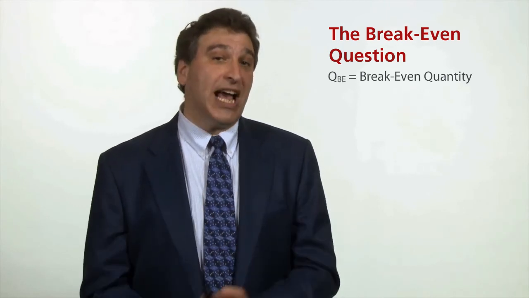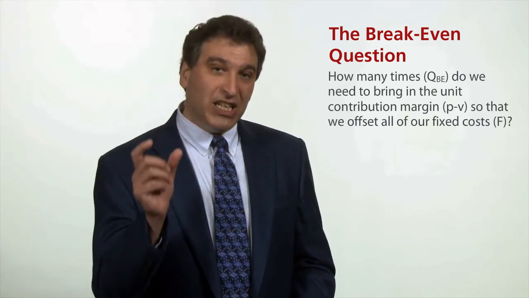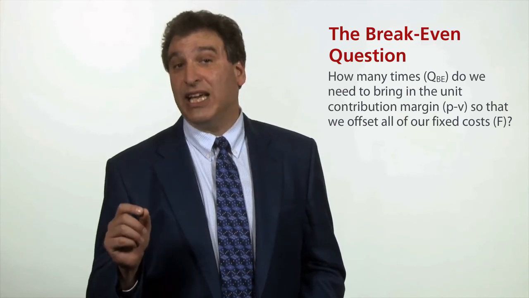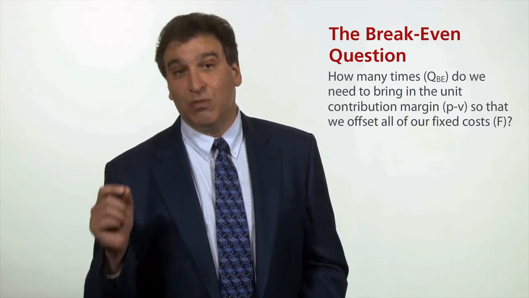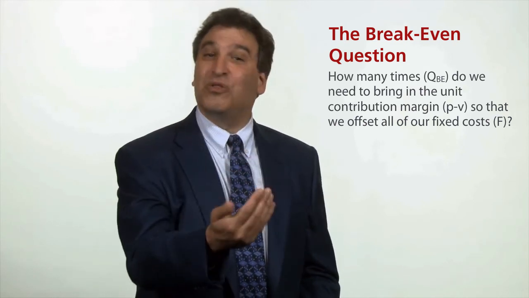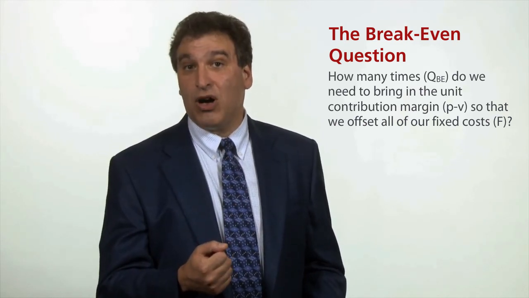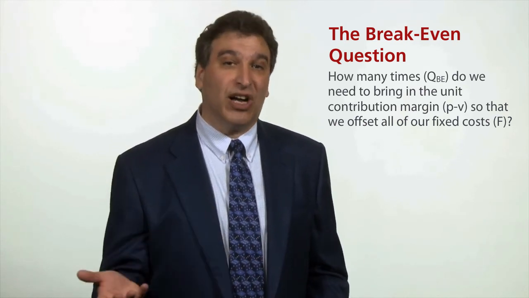Well, the question to ask yourself is, how many times do we need to bring in that unit contribution margin in order to contribute enough to pay off all of our fixed costs?